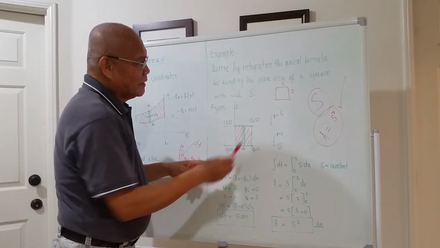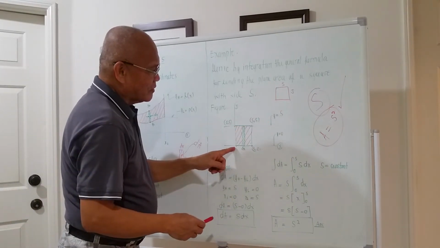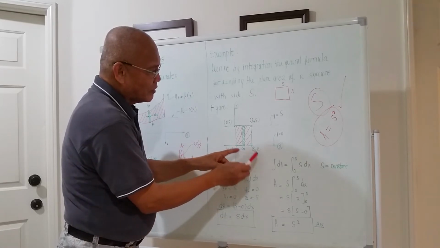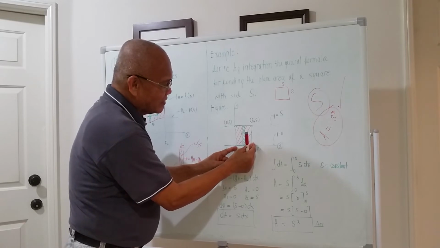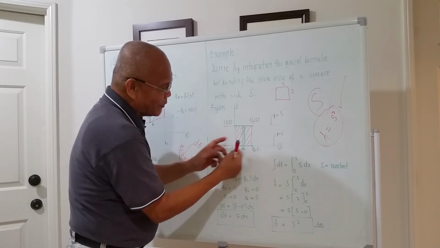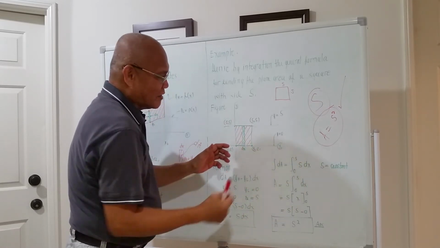The first corner is at 0, 0. The second corner is at S, 0. This is S and y is actually 0 because it is on the x-axis.